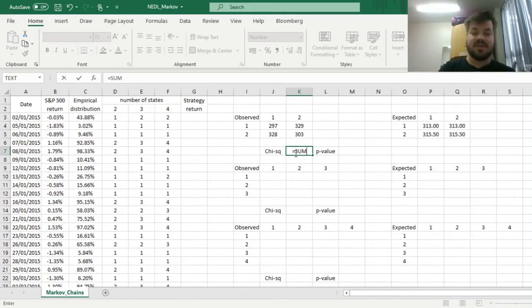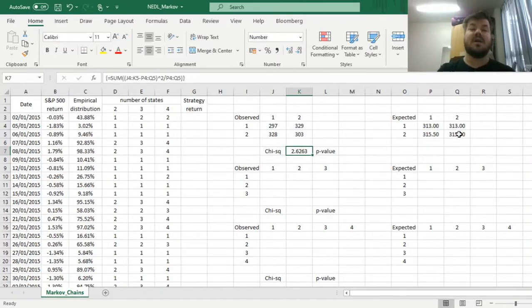We can just apply the sum function and sum the squared deviations of the observed values from the expected values, so this array minus that array squared, divided by the expected values over here, and that gives us our chi-squared stat. And we have to enforce this formula using Shift-Control-Enter, as this formula deals with subtracting and dividing a bunch of matrices. So we can press Shift-Control-Enter and get our chi-squared stat of 2.63 approximately.